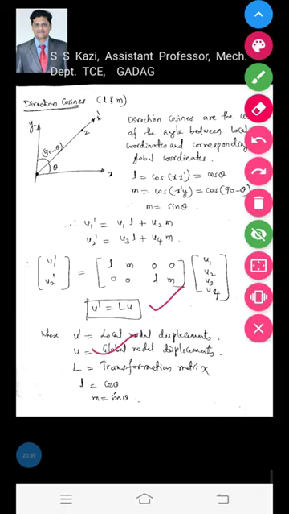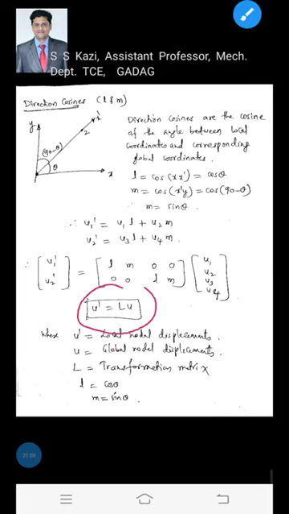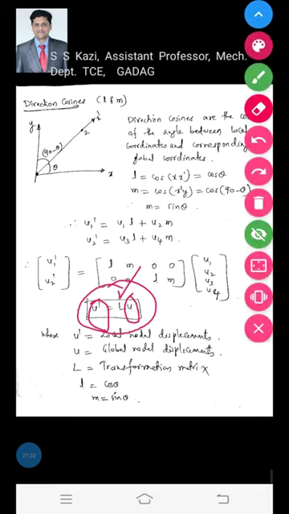This relation you should remember, dear students: u dash is equal to L into u, where u dash is the local nodal displacements, u is the global nodal displacements, and L is the transformation matrix. This relation is going to be helpful in further derivations of stiffness matrices and stress matrices for the truss element.